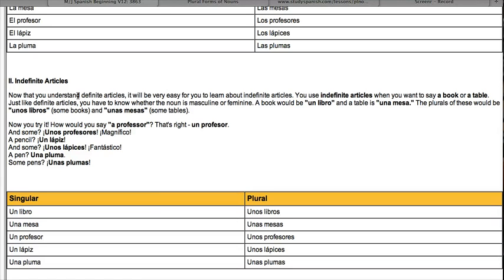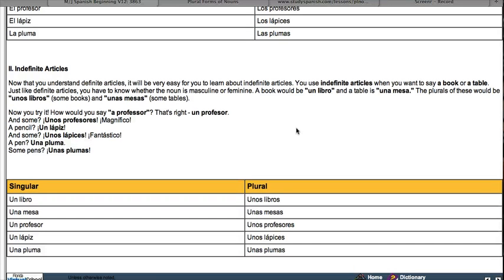Now remember, you also learned about indefinite articles. Remember you said es una señora, es un muchacho, etc. Those are indefinite articles, remember, and it works the same way. So for example, a book, un libro, becomes unos libros. You have to make both parts of that plural.